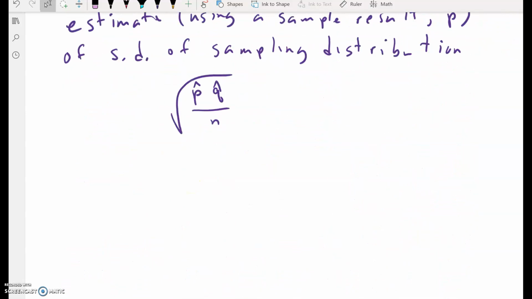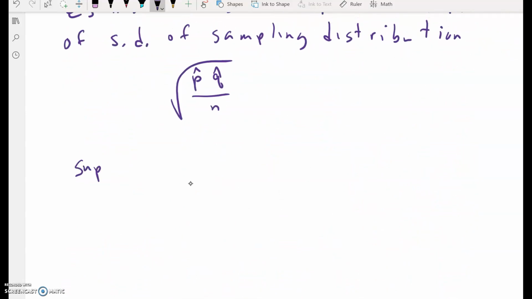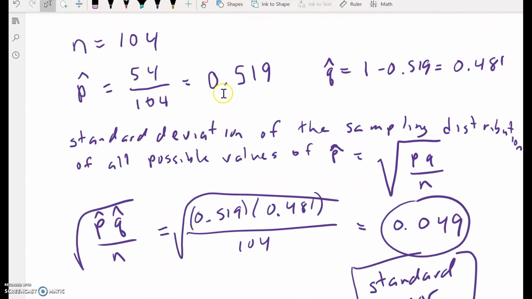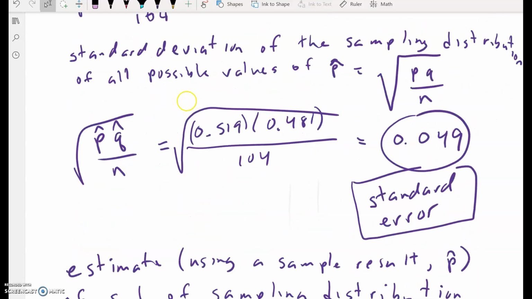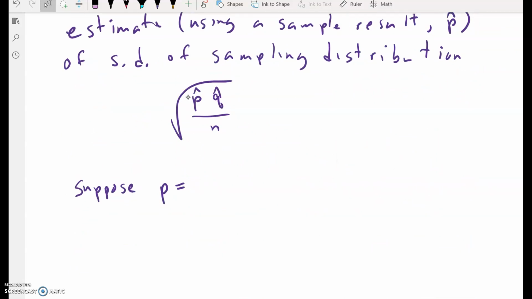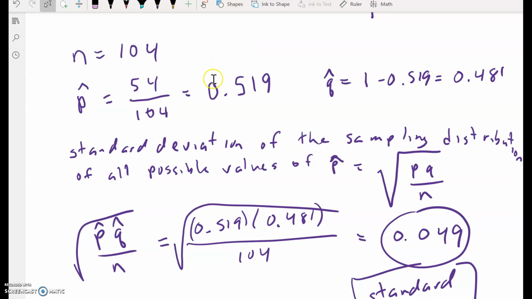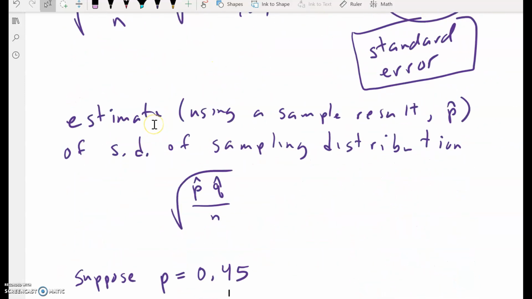So let's just suppose here for a minute that this p hat was off by, say, 7 percentage points, and let's say the real percentage of diseased sea fans off the coast of the Yucatan Peninsula is 0.45 instead, which would be about as far off as you would expect from a sample size of 104.